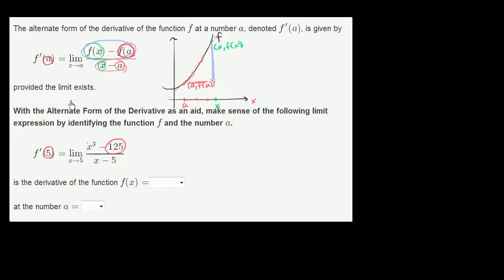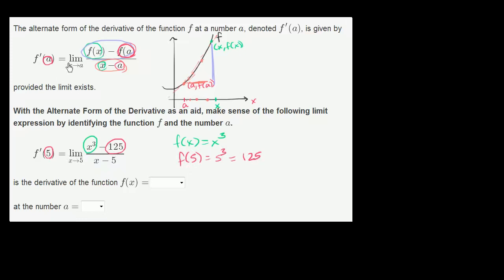Now, what about f of x? Well, here it's the limit of f of x minus f of a. Well, here it's the limit as x to the third minus 125. And this makes sense. If f of x is equal to x to the third, then it makes sense that f of 5 is going to be 5 to the third, which is 125.